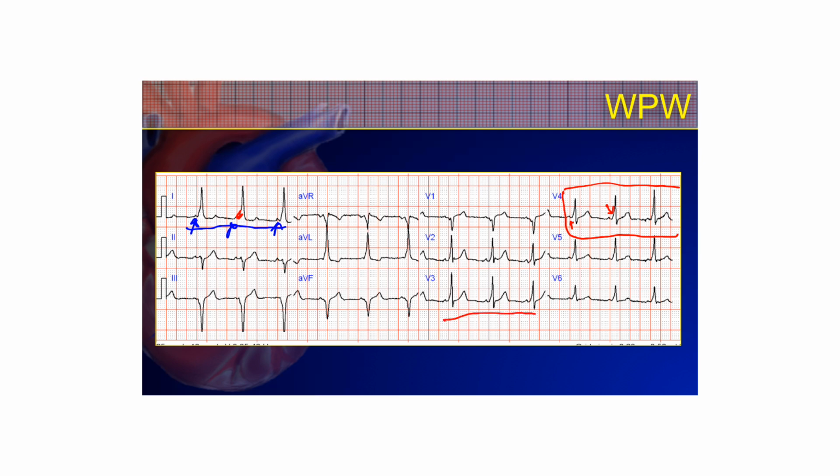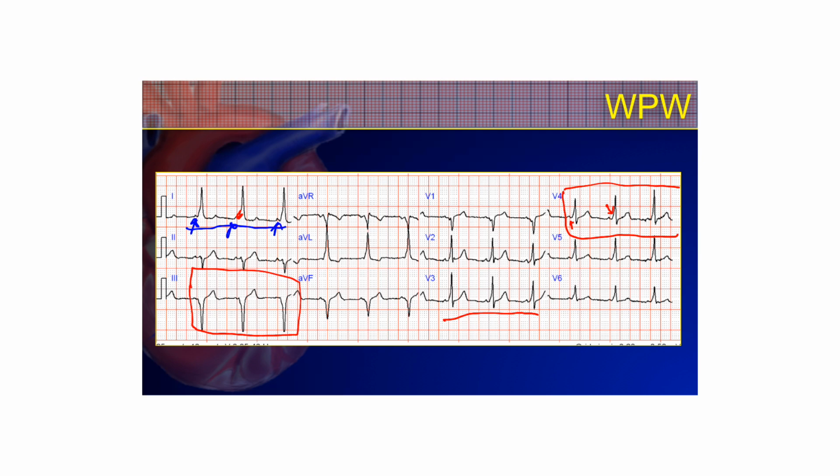Also in V3 you can see it pretty nicely. It does work in the opposite direction, so if you have a predominantly negative QRS complex, as we do here in lead 3, you still can identify these different findings. It just might not look as natural to you.